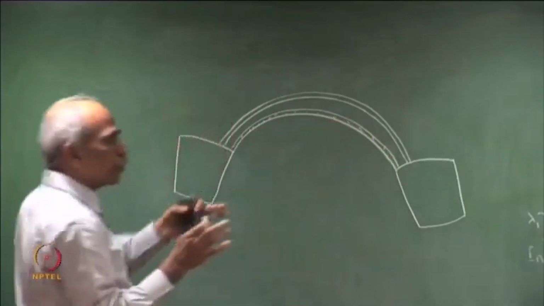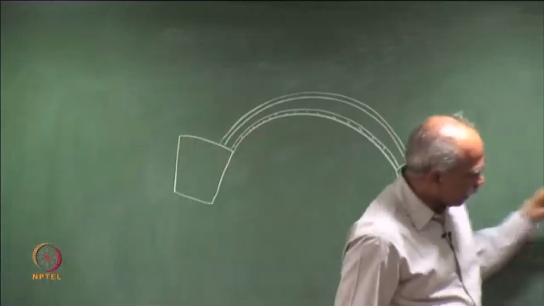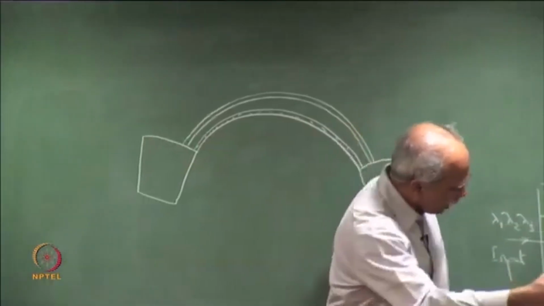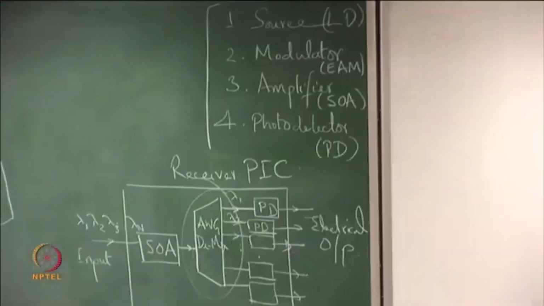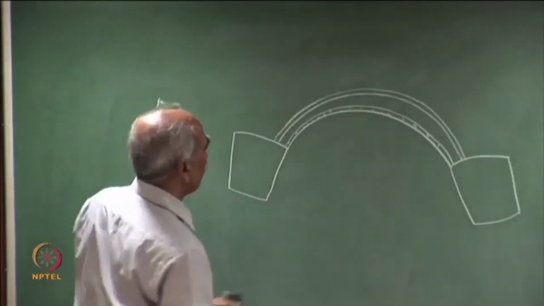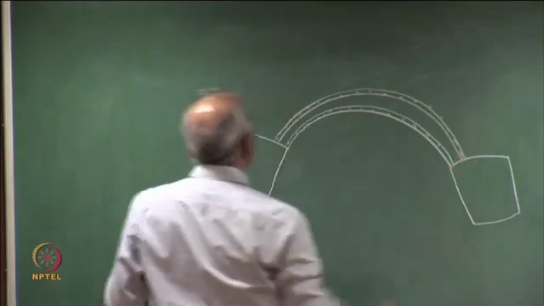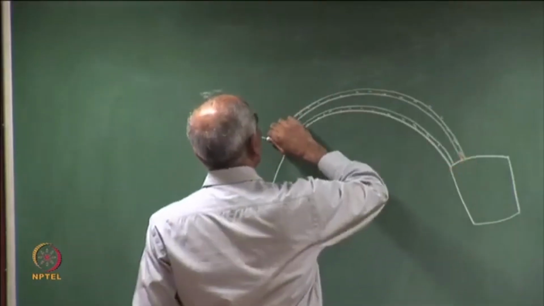What we see is the top view of a chip. In all the diagrams that I have drawn here, what we have seen is the top view, looking from the top. The chip is here, and what we are seeing is the top view of the chip. An array of waveguides.